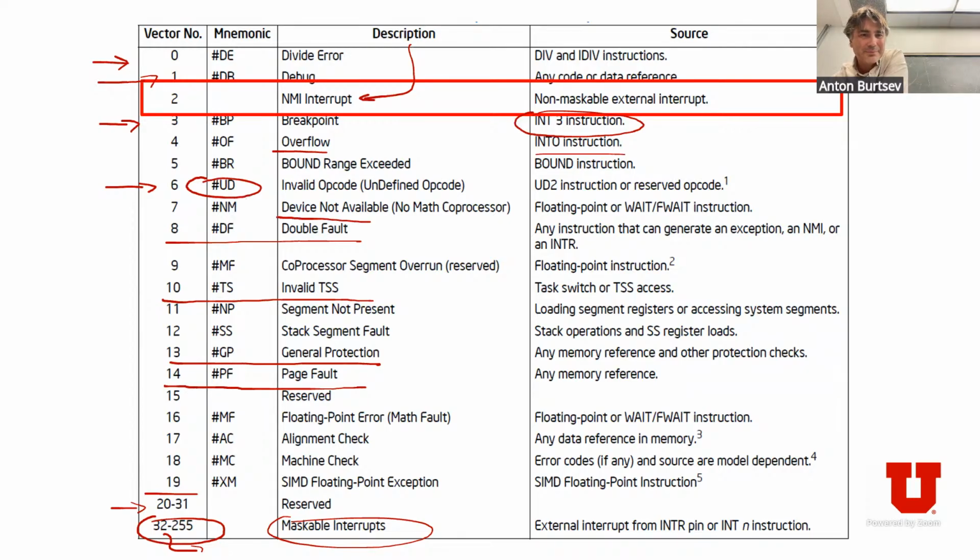Like unavailable math coprocessor, it's from the era where floating point was implemented on a separate device. Probably will never happen to you, but essentially you will have to look into the table. But double fault, general protection fault, page fault will be your most common, right?